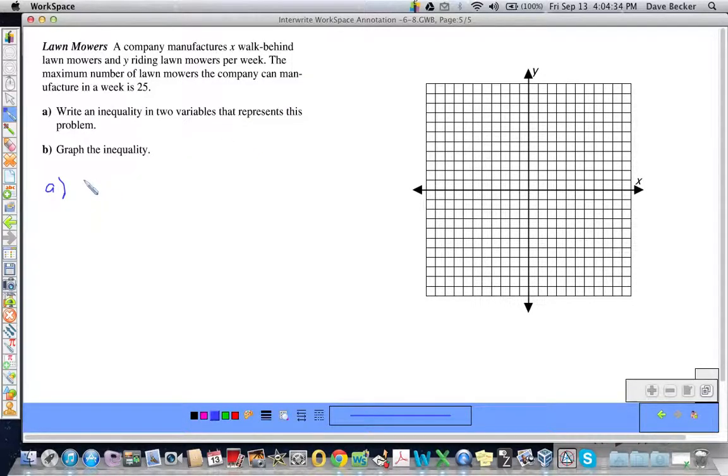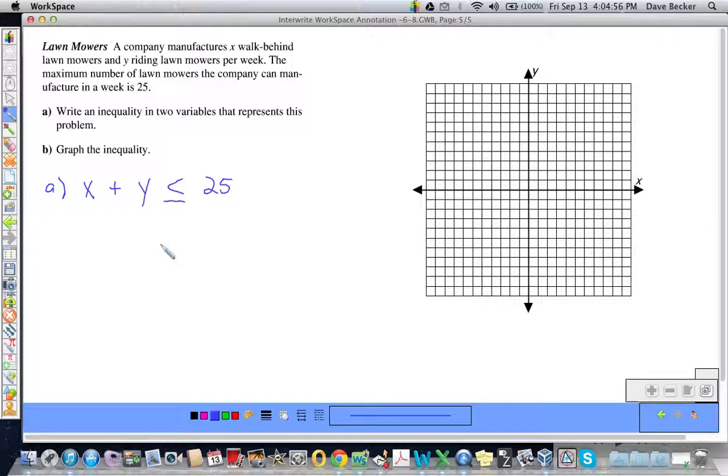So the sum of the lawnmowers, x plus y, the two different kinds, cannot be more than 25, a maximum number of 25. So it has to be at the very least less than 25, but 25 is included. So we're going to say less than or equal to.